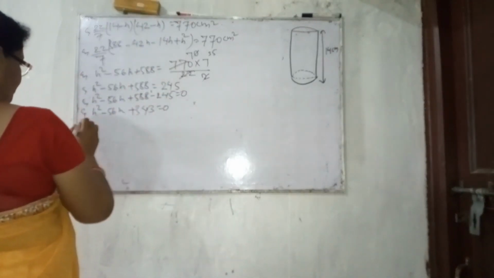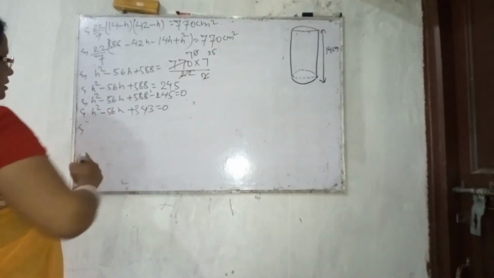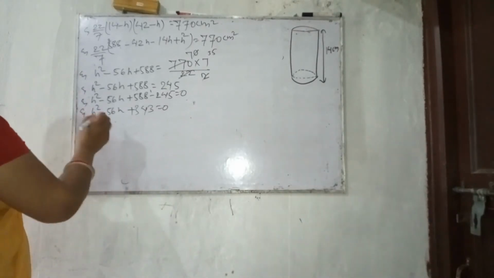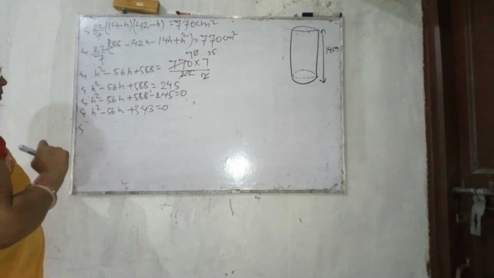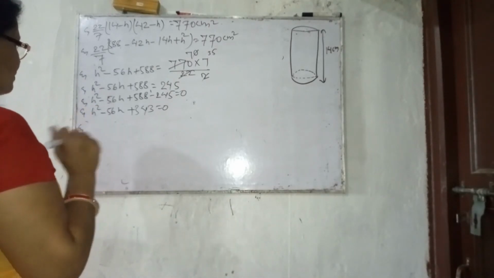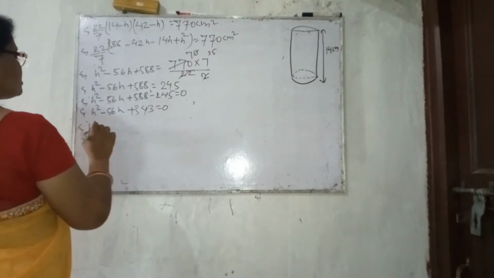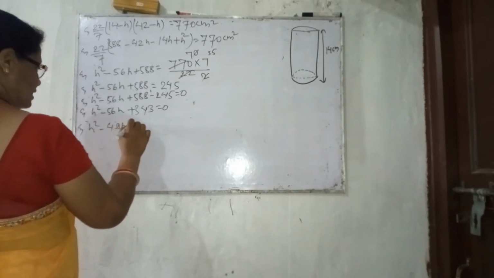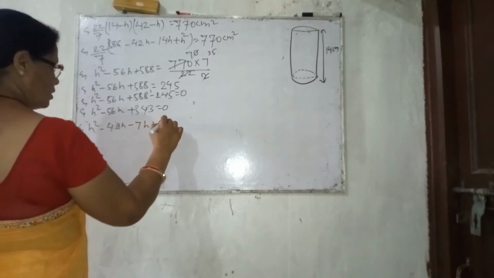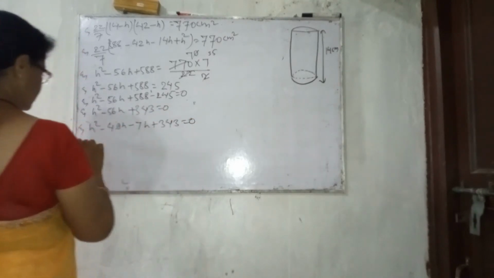After this, 343 and 56, that means 49 and 7. Yes, h square minus 49h minus 7h plus 343 equal to 0.